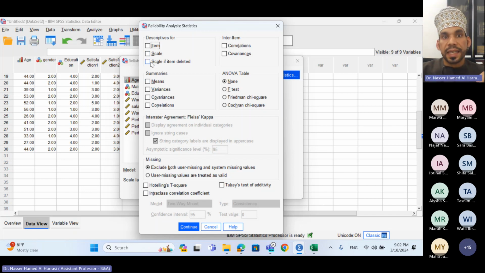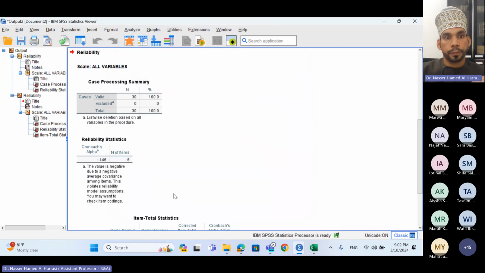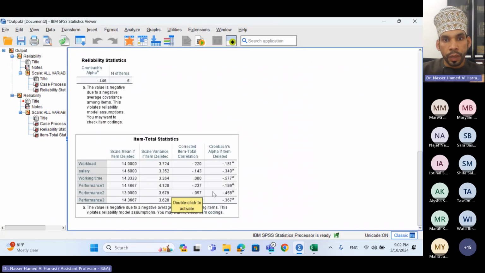Yes, here. Scale if item deleted. Click on this and then continue, then click OK. Again, the same problem, that we cannot rely on it. Even if we remove one of the questions, the reliability will be the same.